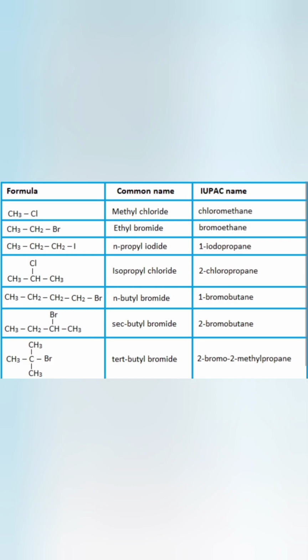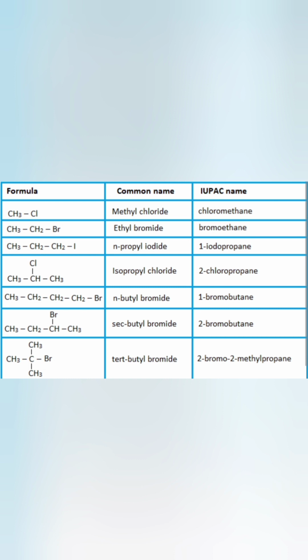Now next, let us understand a few formulae. Methyl chloride is the common name; the IUPAC name is chloromethane. Ethyl bromide is bromoethane. N-propyl iodide is the straight, normal chain.